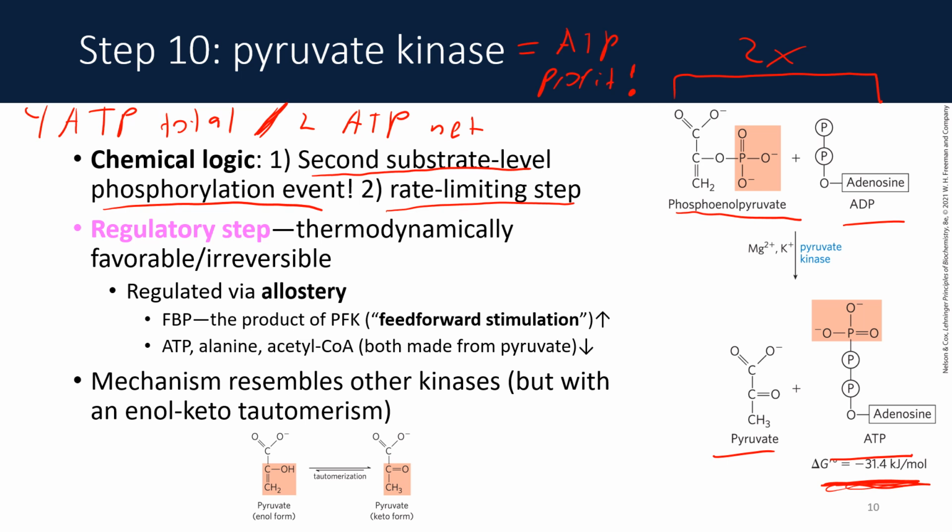Let's briefly recap all of the regulators of glycolysis and compare them. Our first one is step 1, hexokinase. And what is that the gatekeeper of? Well, it's the gatekeeper of glucose metabolism.